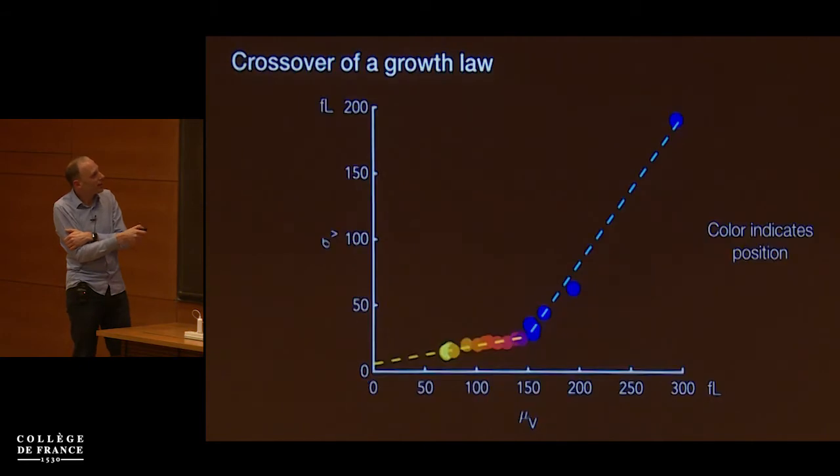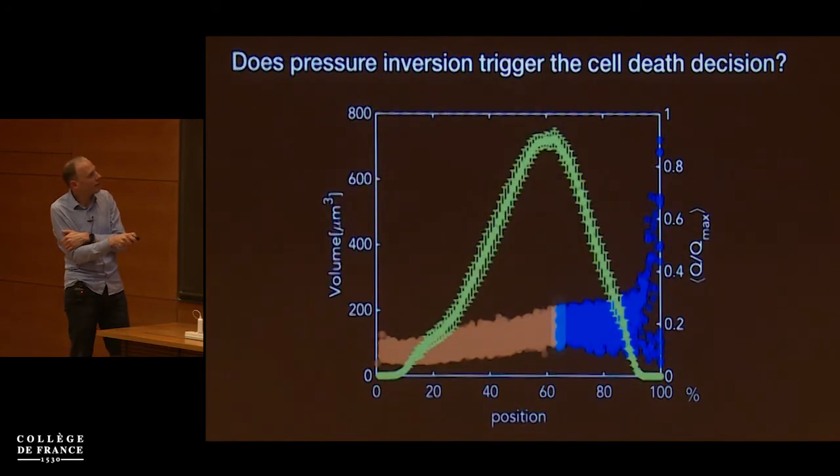And that's precisely what we see when we plot mean volumes versus the variance. We see two different regimes, a slow growth and a fast growth. That crossover point we can identify back here is approximately here, and it's just after the fluxes peak. So that makes us happy.